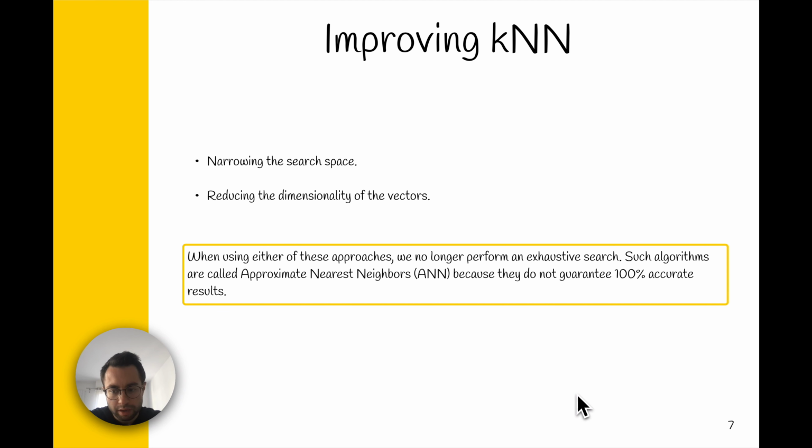Given all that we have talked about, there are several ways to improve kNN. First of all, we need to narrow the search space. Right now, we are searching linearly through all the possible options, which makes kNN inefficient. Or we can just reduce the dimensionality of the vectors. This way, calculation of distances between a pair of vectors will be faster.